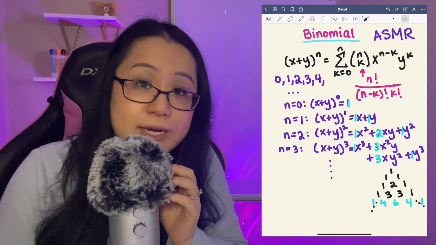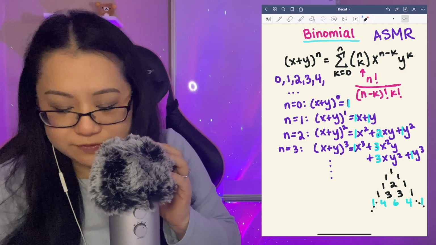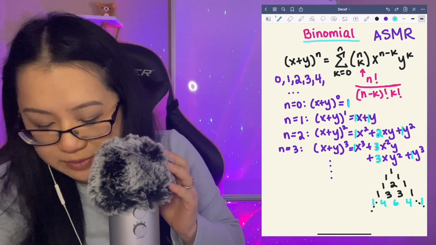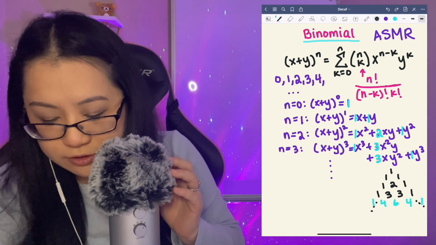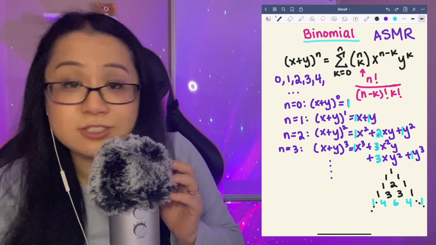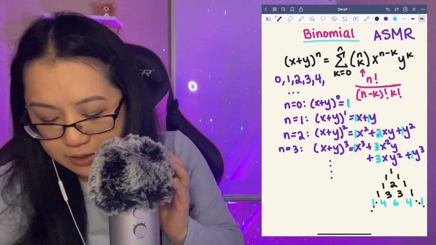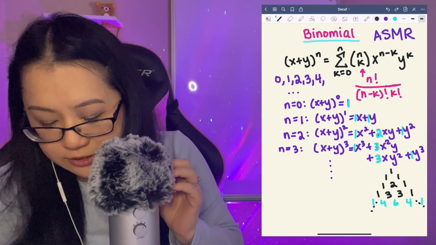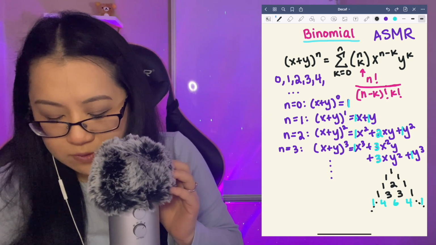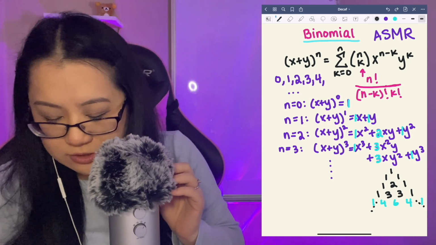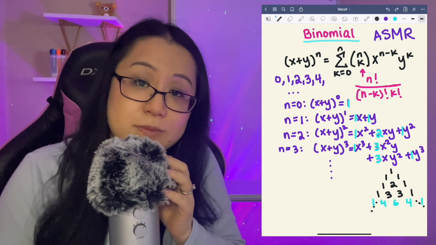But what about the actual variables themselves? So there is a pattern here as well. For starters, for the first one, it's just x to the 0. There's nothing to do there. It's just 1 at the front. But as you continue here, if we have n equals 1, it's x to the 1, y to the 1. But let's start with n equals 3, because that will start to highlight this pattern.